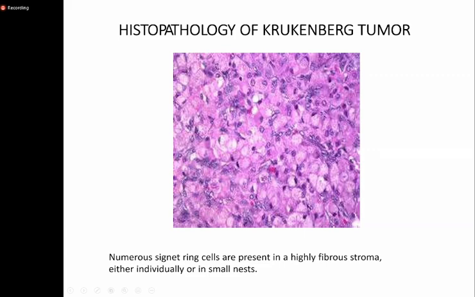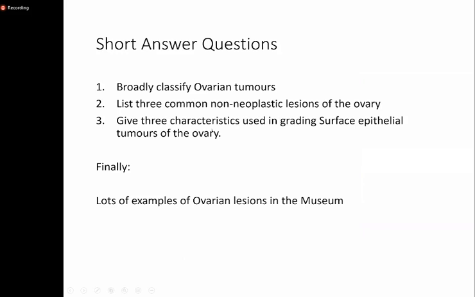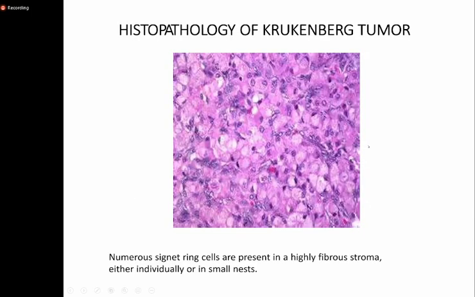But the classical feature is the signet ring cells. So the signet ring carcinoma from the stomach is a common primary, okay? But of course, you know that signet ring tumors can arise from other organs in the GI tract as well.